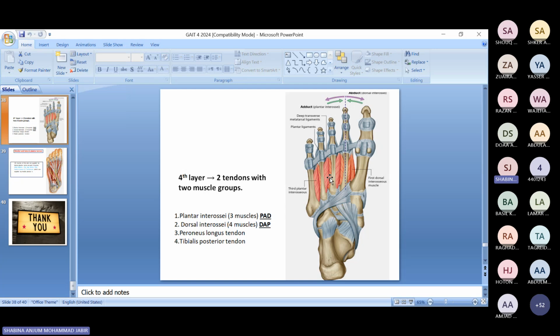They are called plantar interossei and dorsal interossei. We have three plantar interossei, responsible for adduction. Dorsal interossei are four in number and responsible for abduction.